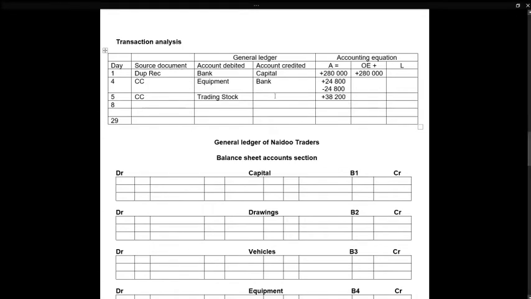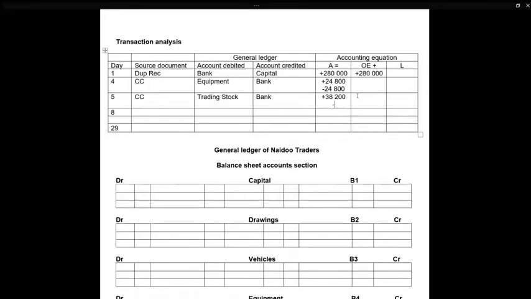I need to get the money from somewhere. I'm going to get it out of my bank. My bank account, also classified as an asset, will decrease with the same amount, 38,200 Rand. Once again, plus 38,200 minus 38,200 will equal 0 plus 0. Therefore, I've done it correctly.